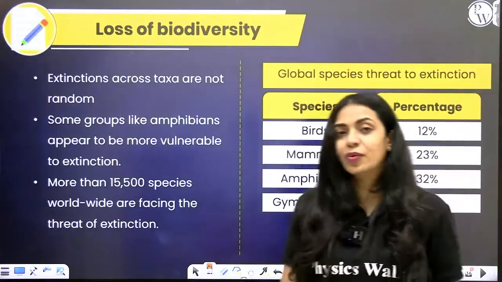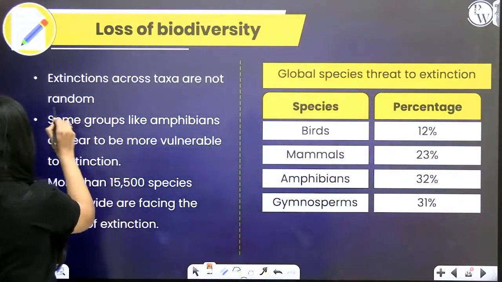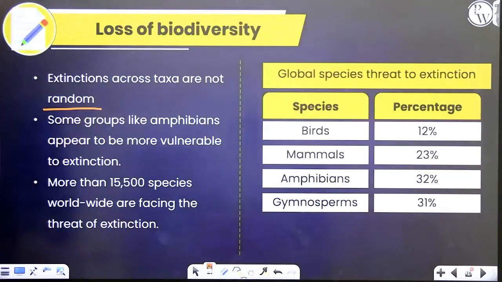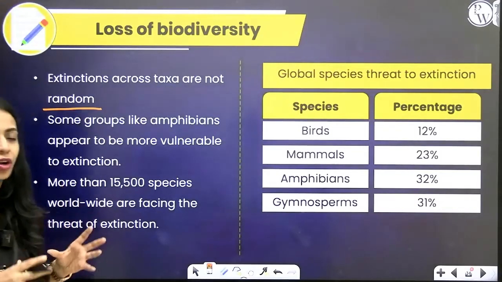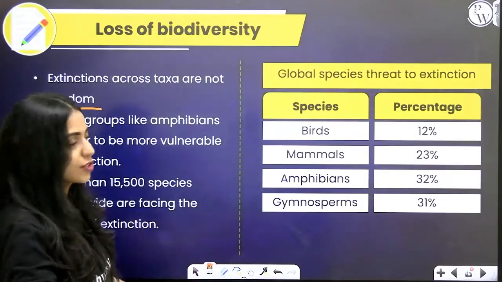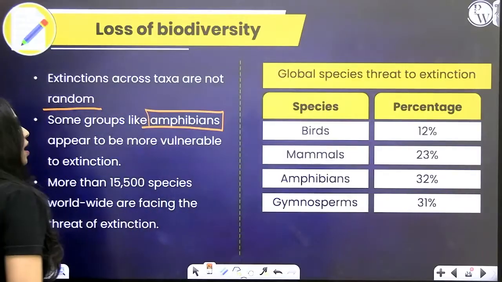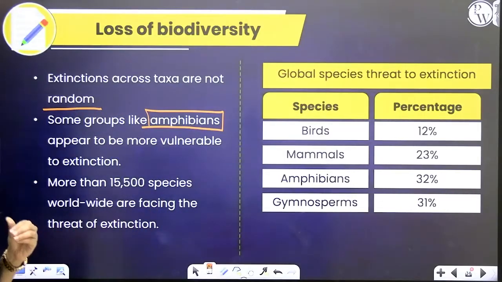So, one thing we must understand here is that extinctions do not happen randomly across different taxa. There are certain taxonomic groups that are more at risk of extinction compared to the others. For example, amphibians are very much vulnerable to extinction.